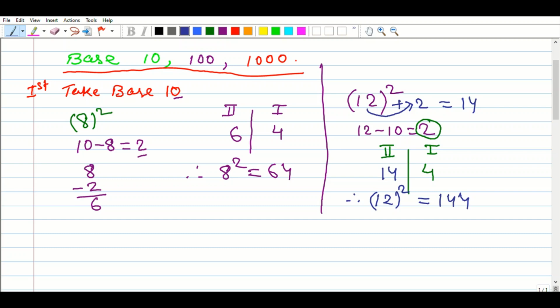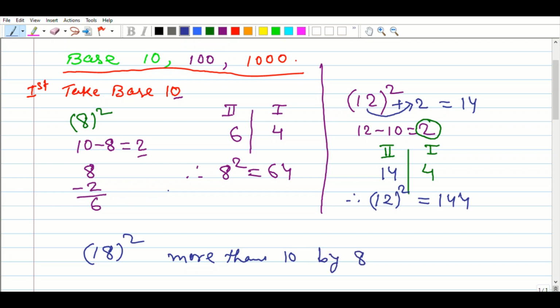Now the second thing: when we take a number nearer to 20 but the base is 10, so now take the other number. Suppose we take 18. We are going to find 18 square. Okay, 18 is more than 10 by 8.